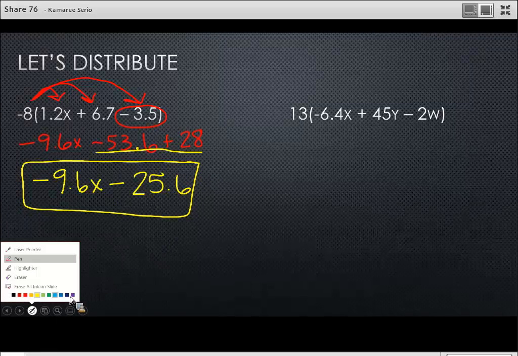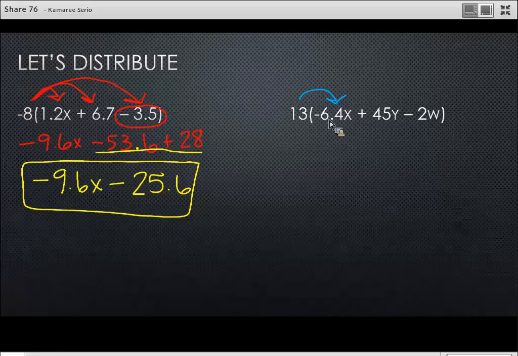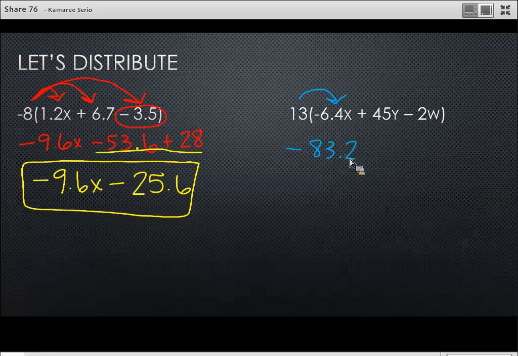All right, let's do this last one here. I'm distributing my 13 to everything. So let's do this first one. 13 times negative 6.4. I get negative 83.2x.